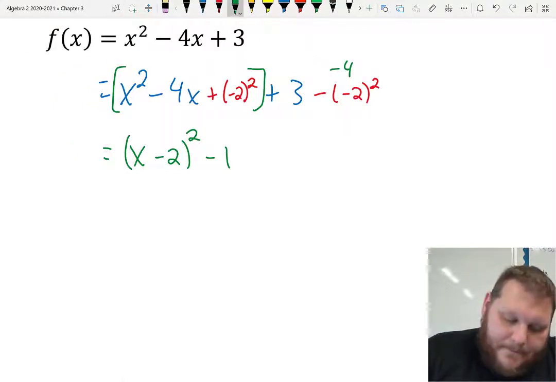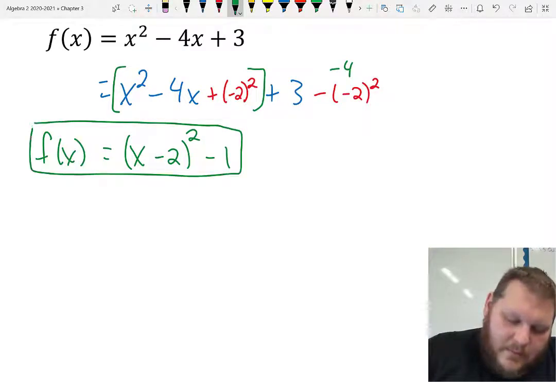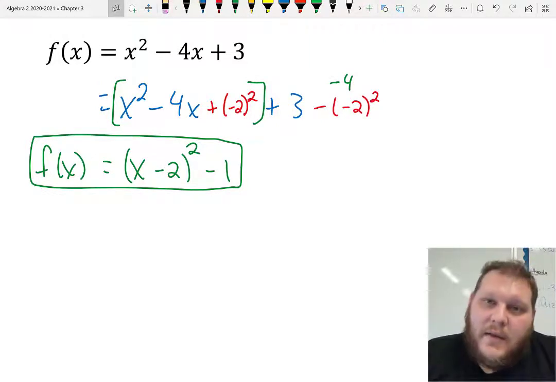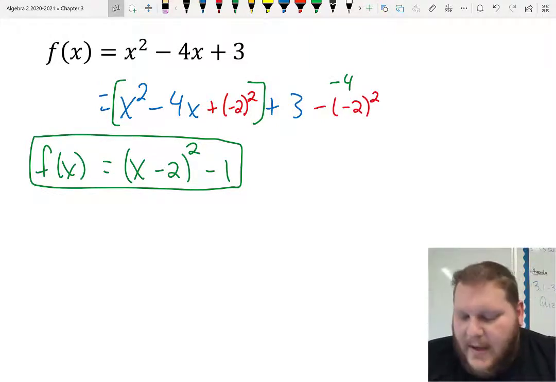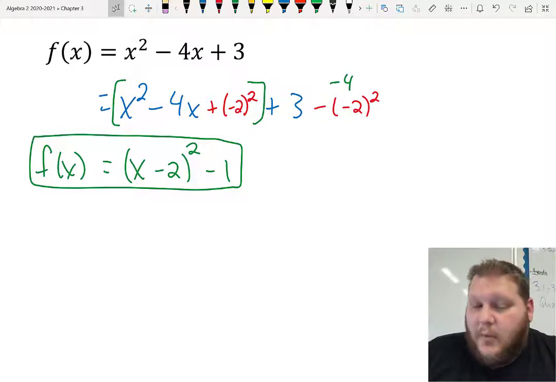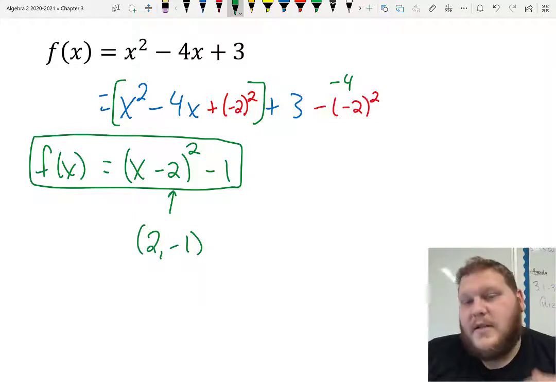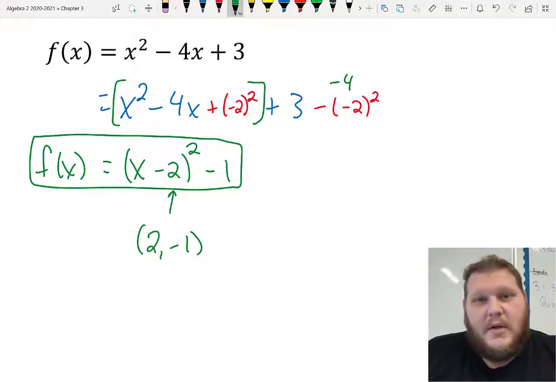And hey, look at that. We ended up with vertex form here without having to do -b/2a to find the AOS for that standard form and then plug it back in. With just that completing the square process, we can see that my vertex would be 2, -1, because my vertex form was always x minus h parentheses squared plus k.